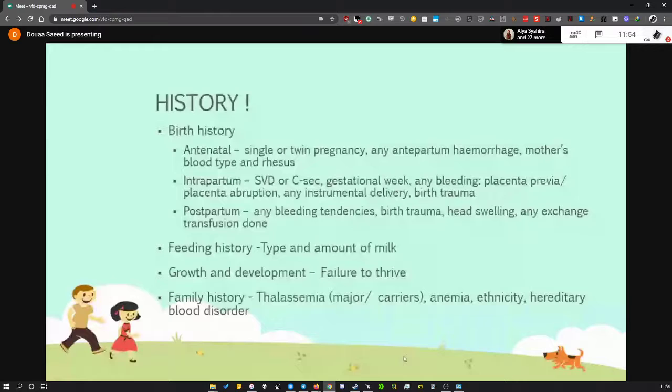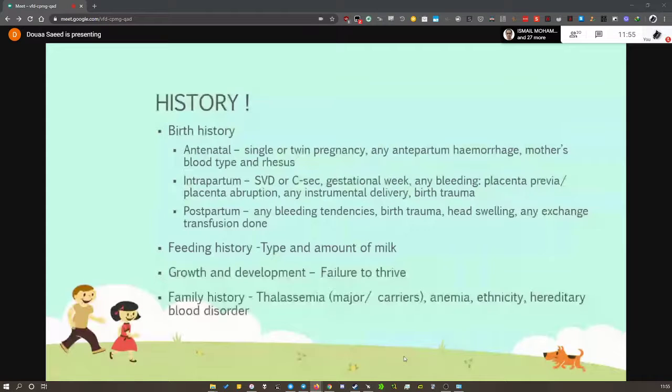You also want to focus on their feeding history, such as the type and the amount. You want to focus on their growth and development to note if there's any failure to thrive. And you want to read into their family history, such as any thalassemia, any anemia in the family, the ethnicity of the family, and any hereditary blood disorder, such as G6PD deficiency or sickle cell. So for examinations and investigations, for physical exams, you can refer to the previous notes where we discussed the three different types of anemia.